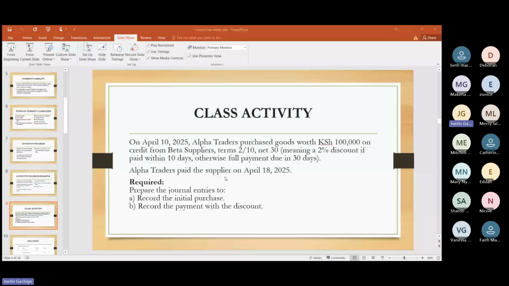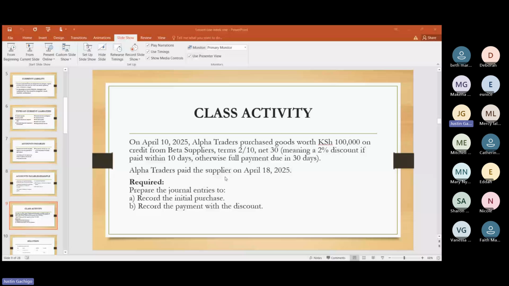Did he pay within those 10 days or not? Within 10 days. So that means he qualifies for the 2% discount. So instead of paying 100, how much is he going to pay? 98. Yes, it'll be 98K. Thank you.